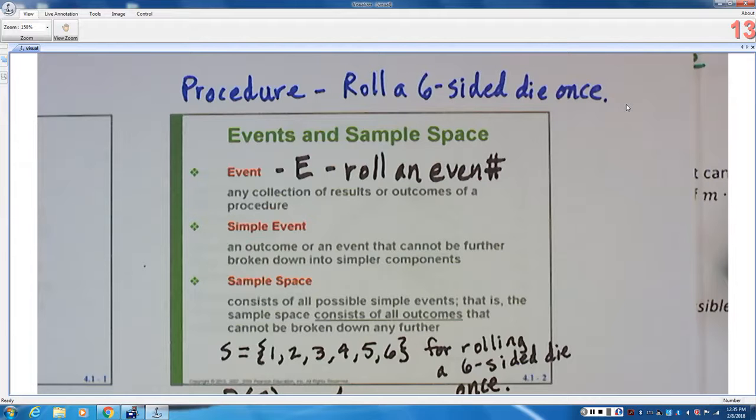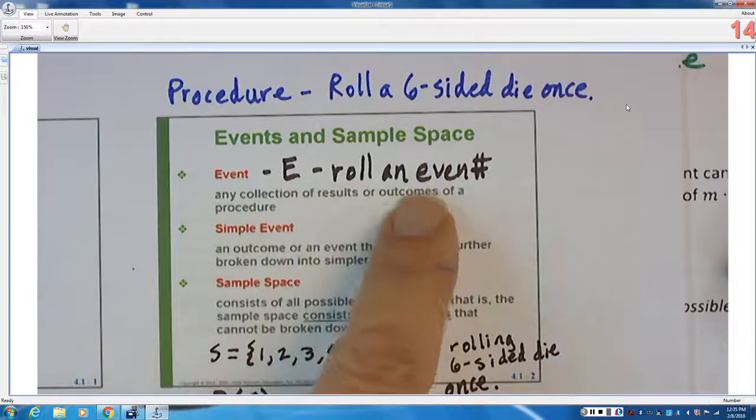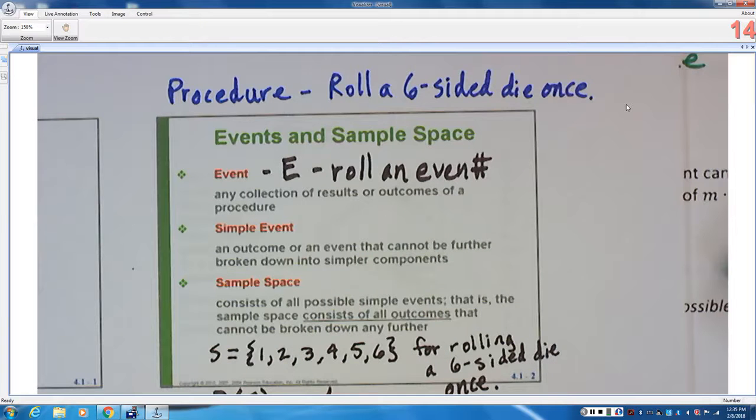We got a procedure. For instance, just one thing it could be is picking a card out of a 52-card deck. So, events and sample space. An event is any collection of results or outcomes of a procedure. I could let capital E mean that you're going to roll an even number. That's an event.